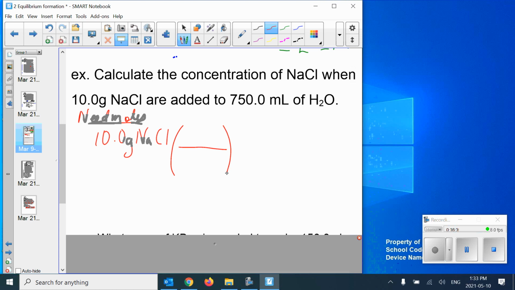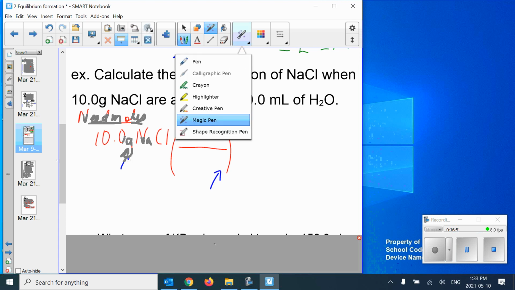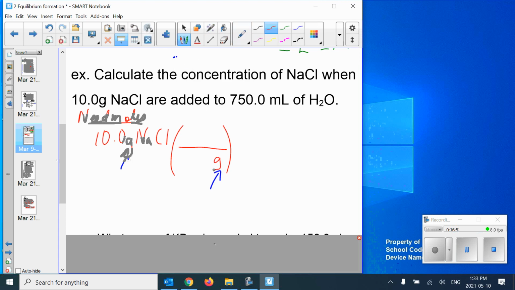The thing is, to get to moles, what do we have to get rid of? That's what I put on the bottom. So there's grams on the top here. I want to put grams down here. Grams, I want the mole on the top. Then when I add the sodium mass and the chloride mass, I get 58.44.